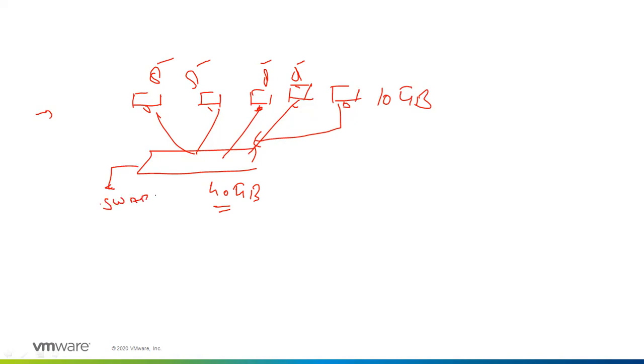To answer your question, we are not considering swap. We are considering the actual consumption of this memory, 32 GB. Out of it, the question is whether the 10 GB machine will be turned on or not.